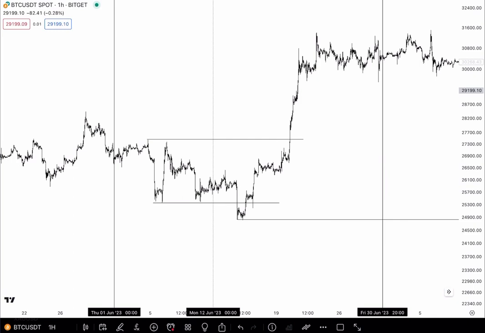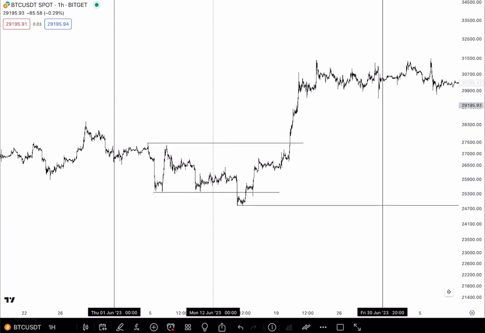It's probably what I will always do, right? Looking for a lower time frame range above or below a higher time frame range, keeping in mind order flow, narrative, context, and bias. So that is one.